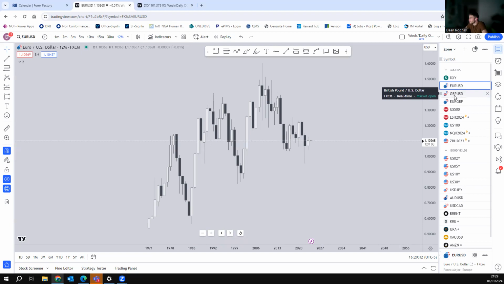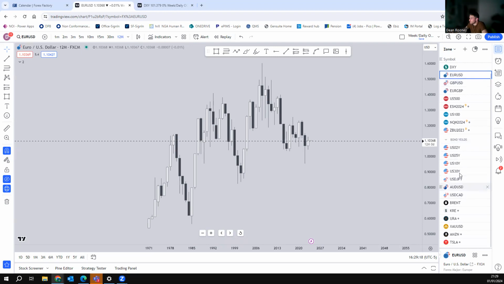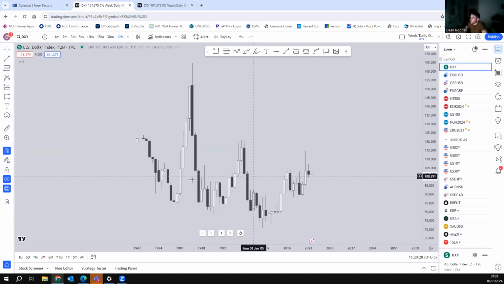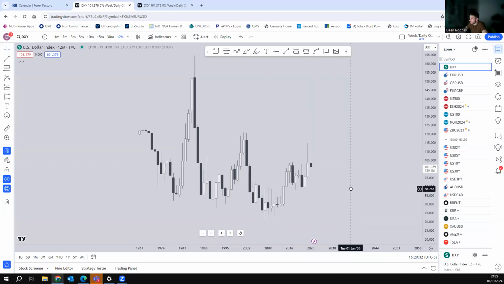Same with GBP/USD. And then if you get other currencies, like USD/JPY, it will follow similar to the USD index. So when I look at this, I'm just looking to see what's been happening.